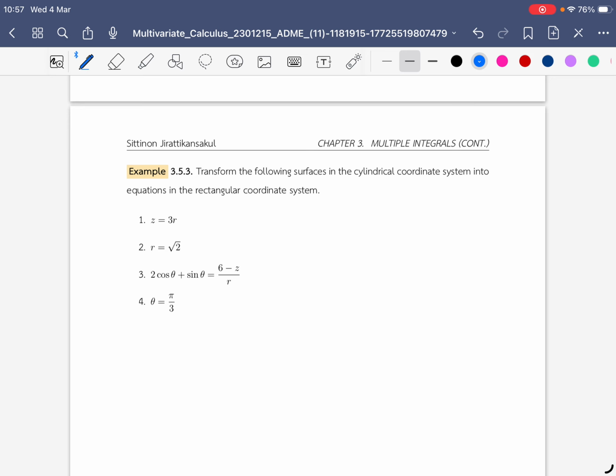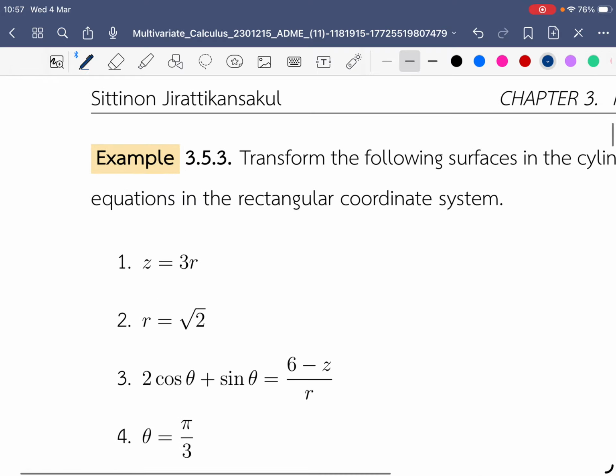The first one, z equals 3r. So this is z equals 3 square root of x squared plus y squared. I take the square, so z squared is 9x squared plus 9y squared.